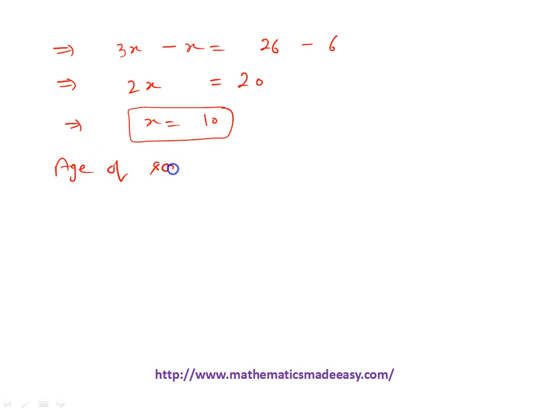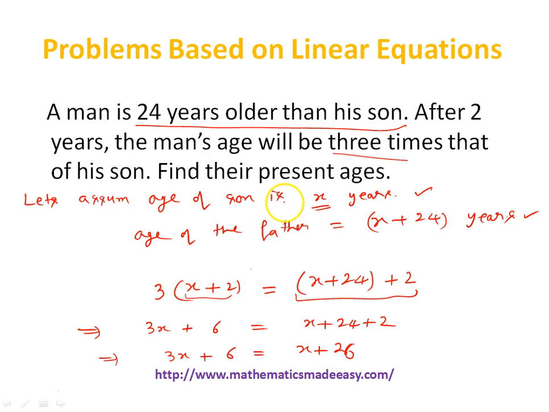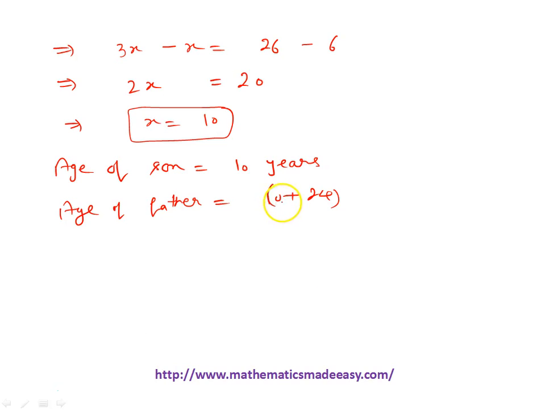Age of the son would be x, that is 10 years, and the age of the father is 10 plus 24, right? x plus 24 we assumed, so it will become 10 plus 24, that is 34 years. So the father's age would be 34 years and the son's age would be 10 years.